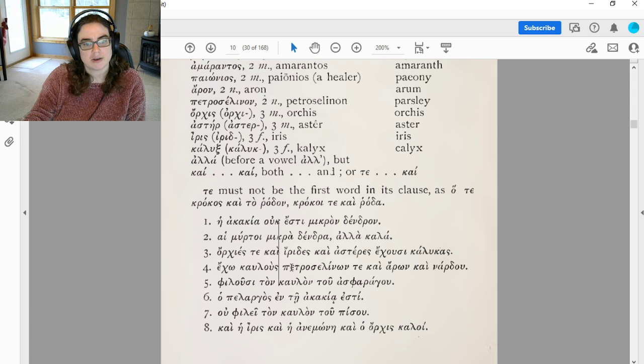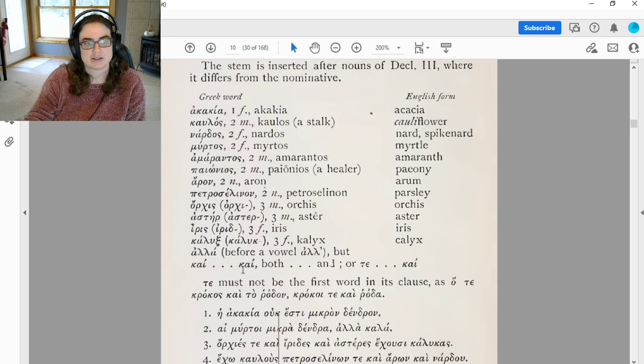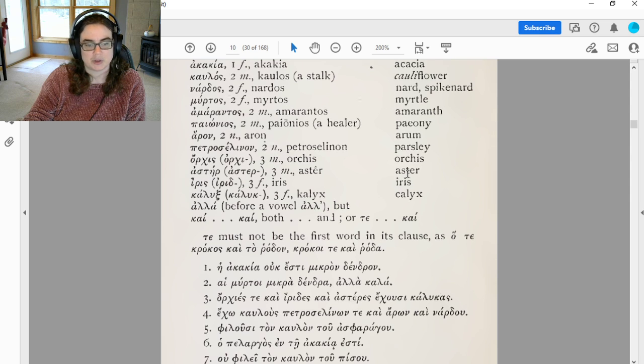Echo kalus petrosellino te kai aron kai nardu. I have kalus, which is stocks. I have stocks of, so this omega nu is a genitive, plural, and then the omicron upsilon is genitive singular.